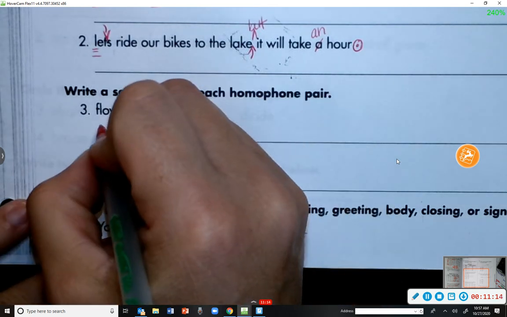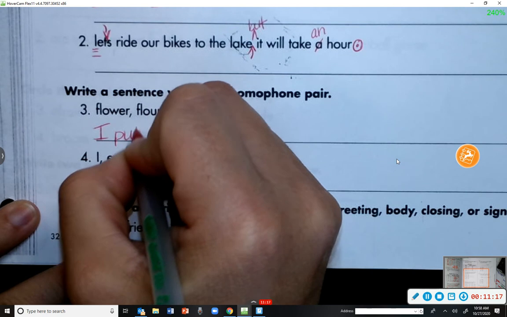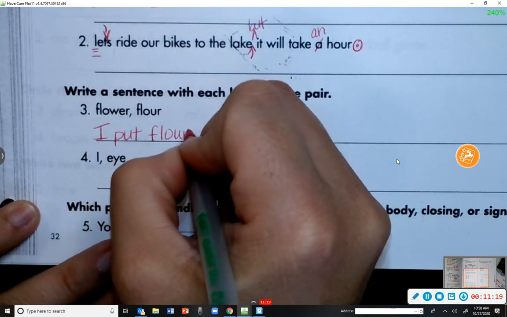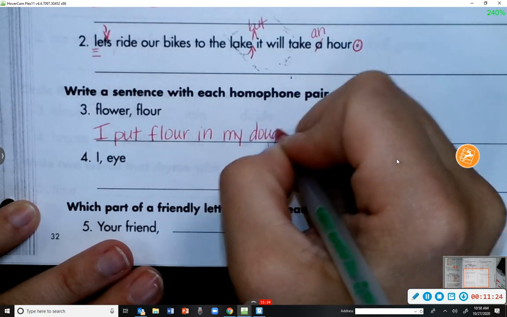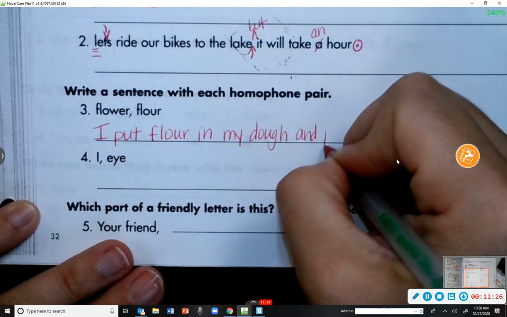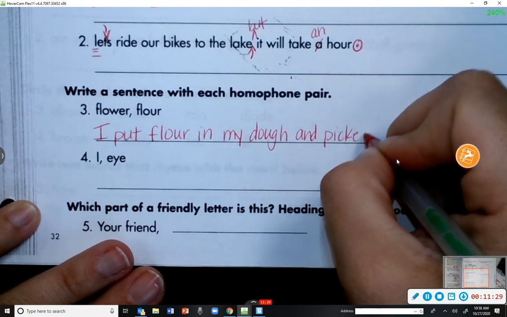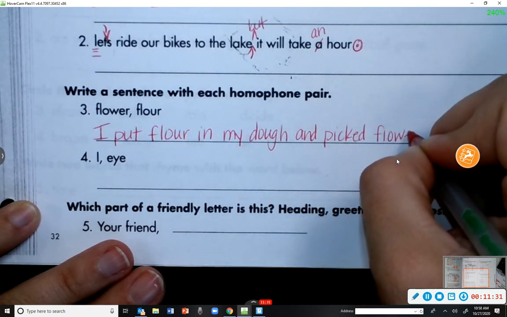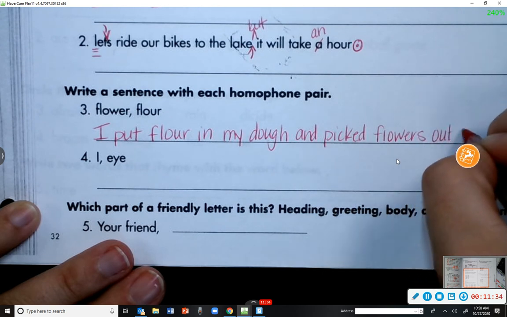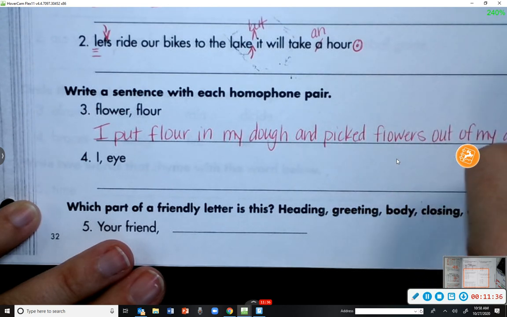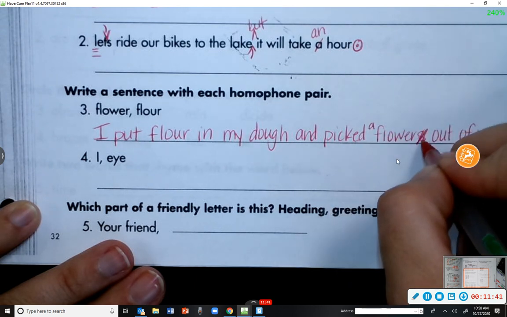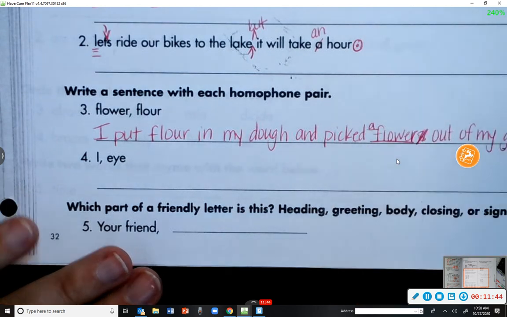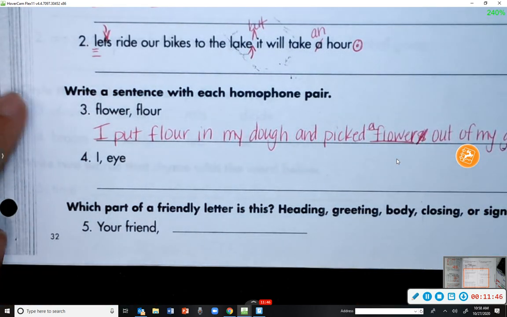I put flour in my dough and picked flowers out of my garden. Or we could have said a flower to keep it singular, a flower. That way you're using the same word that they gave us. I put flour in my dough and picked a flower out of my garden.